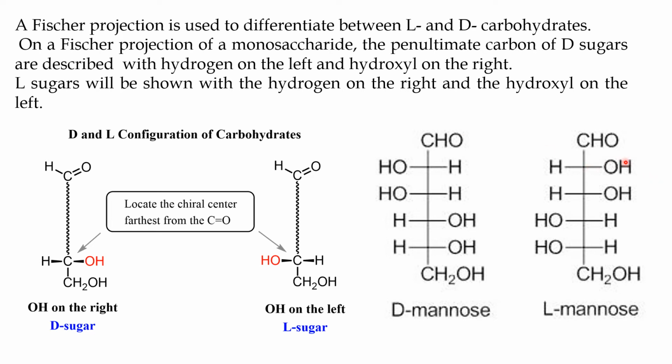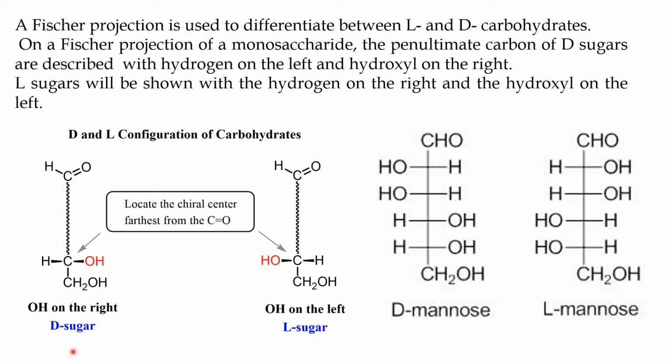Now see here, this compound is a sugar molecule, a carbohydrate molecule. In this particular molecule, see here, this is the penultimate carbon atom having the OH group, which is asymmetric. That means this is the second last carbon atom, which is asymmetric. This carbon atom is the last carbon atom, which is not asymmetric. Now see here, in this molecule the OH group is on the right hand side.